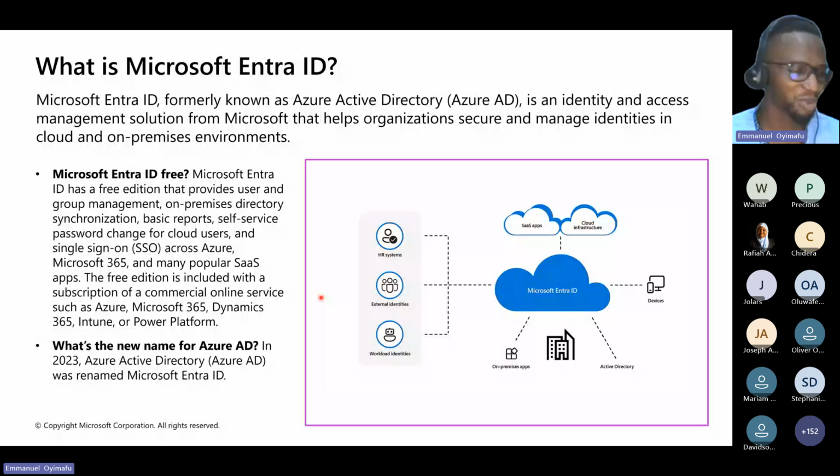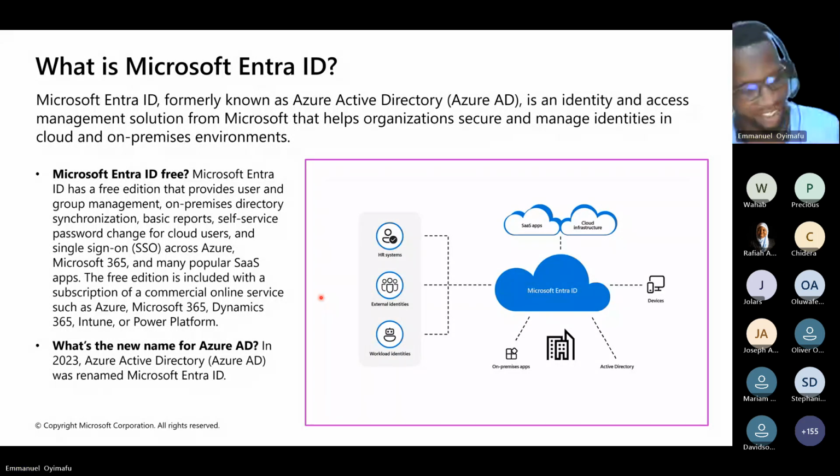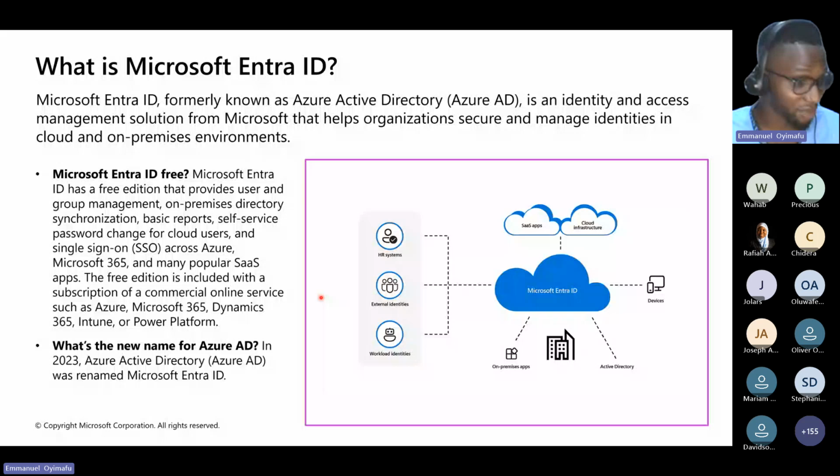Then the person was explaining OU, users, organization unit. I listened to it. Then I was able to pick something. Then later in the afternoon, another person came in again. Then the name was Azure Active Directory. So the person was now talking about Azure Active Directory. I was confused. I was asking, what was the difference between Azure Active Directory and Active Directory itself?